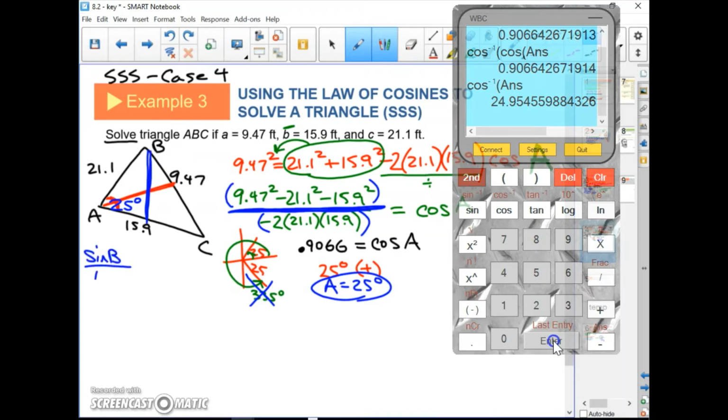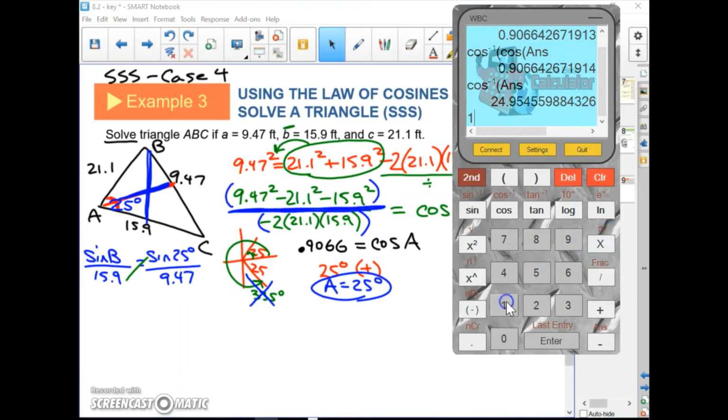Sine B over 15.9 equals, we're going to use our A values because we've got them both. We've got the angle of 25 and we've got the side of 9.47. So if I was going to solve that equation, I'm going to multiply up. I'll multiply both sides by 15.9, I guess.